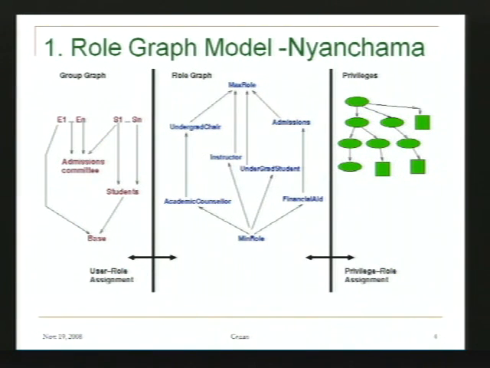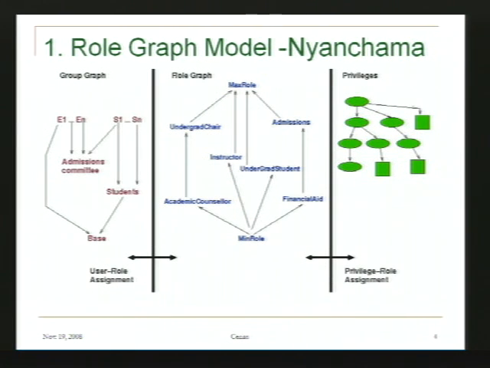Okay, so what is our role graph model? So as Nyanchama envisioned it right at the beginning, he talked about it being on 3 planes. So we'll start with the middle. And in the middle we have the role graph, or role hierarchy. A role is defined as having a name and a set of privileges or permissions.